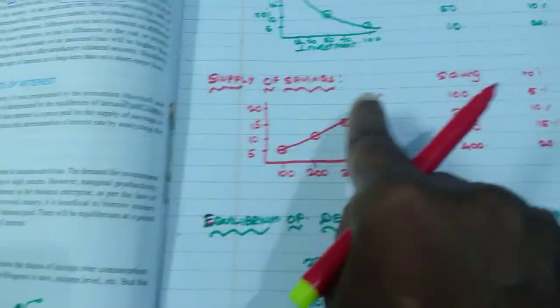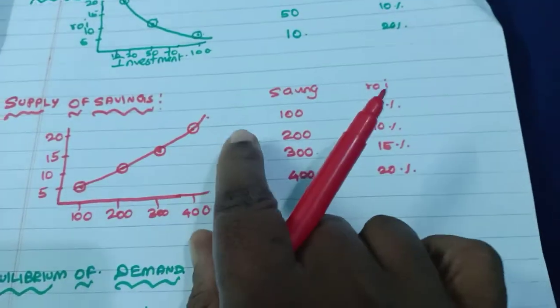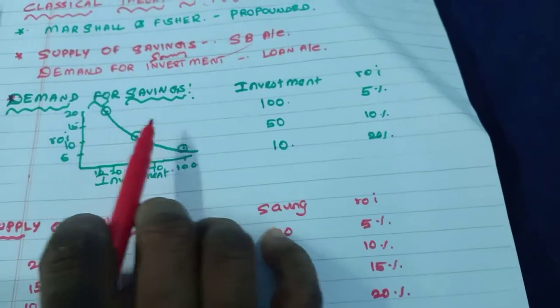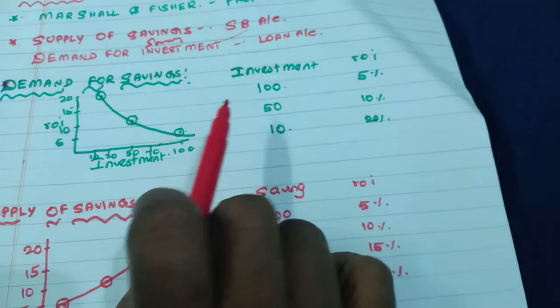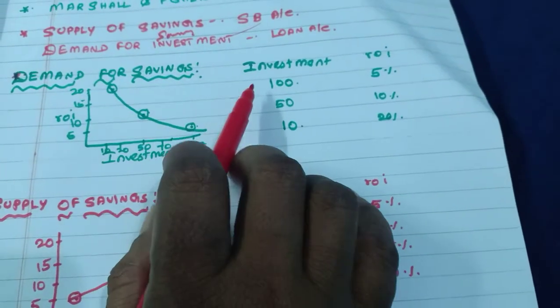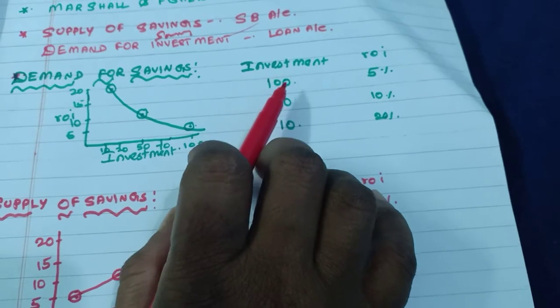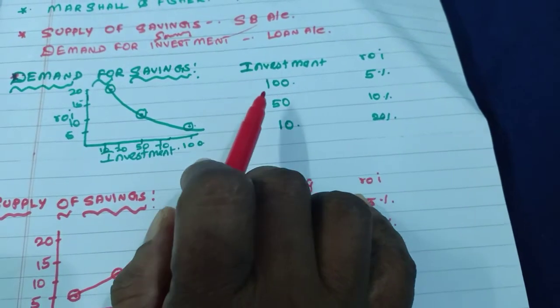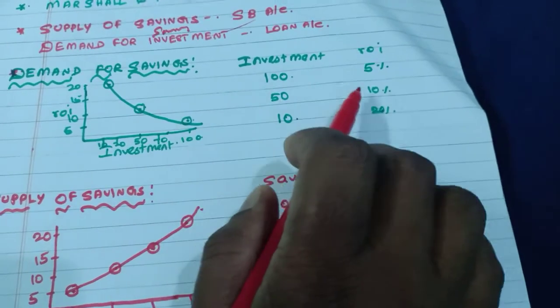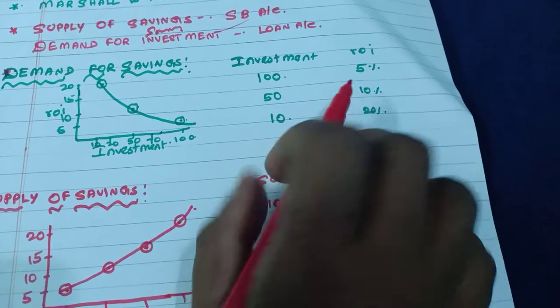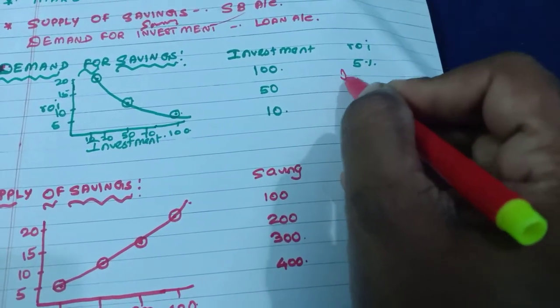For easy understanding, I have drawn this curve. Demand for savings, that is investment, and rate of interest. If the rate of interest is 5%, then the investment will be 100. If the rate of interest is 10%, that is, the rate of interest increases here.